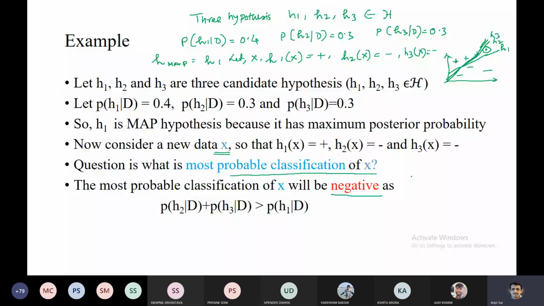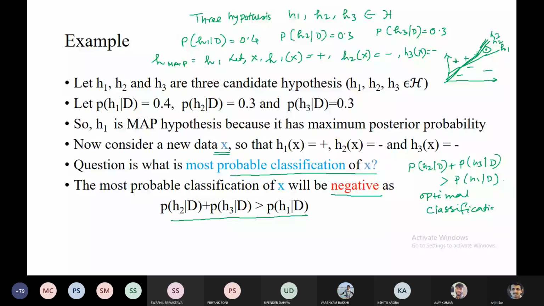P of h2 minus given D plus P of h3 given D is greater than P of h1 given D. So this is called the optimal classification, the definition of the optimal classification. This way it is very different from MAP. So this is very important.